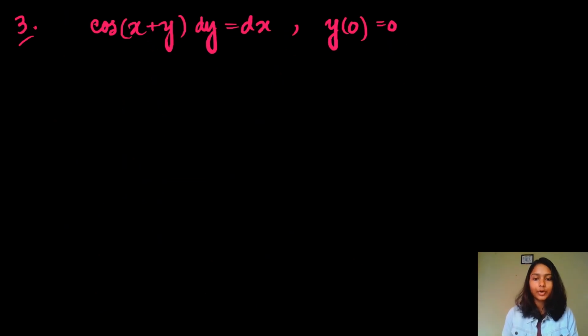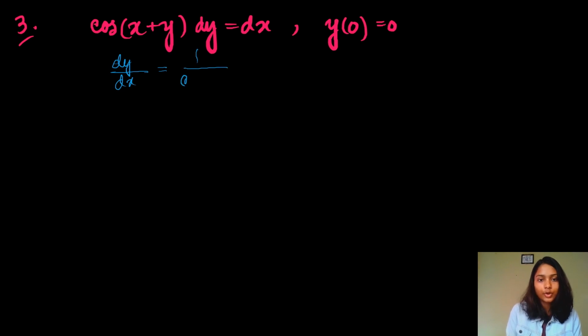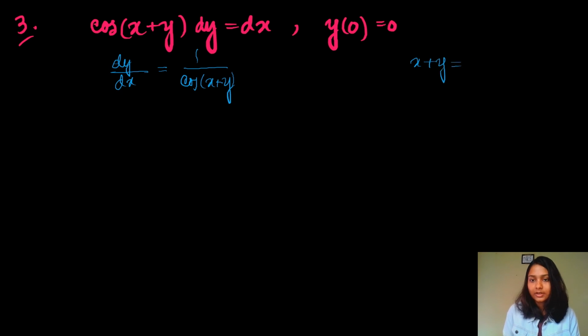Next we have this problem here. So let us now write it in this form. dy dx equals 1 by cos of x plus y. Again we can substitute x plus y into z.